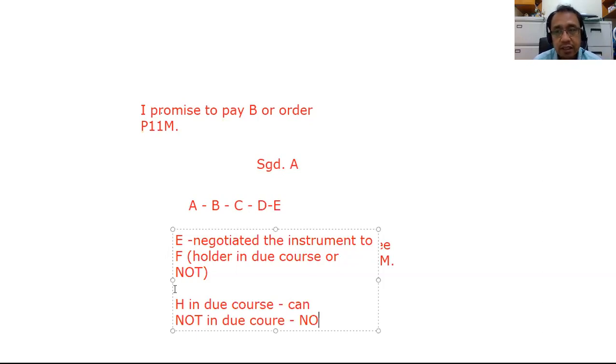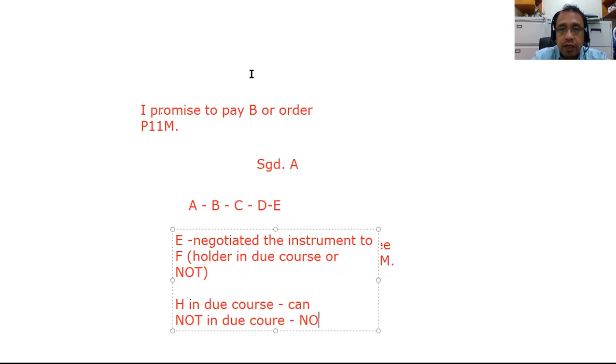E's signature did not appear before the completion. He was the one who filled it up. He was the guilty party. So, he should be held liable for placing the wrong amount, for not following the instruction that has been conveyed to him. Okay? So that will be our discussion on section 14.